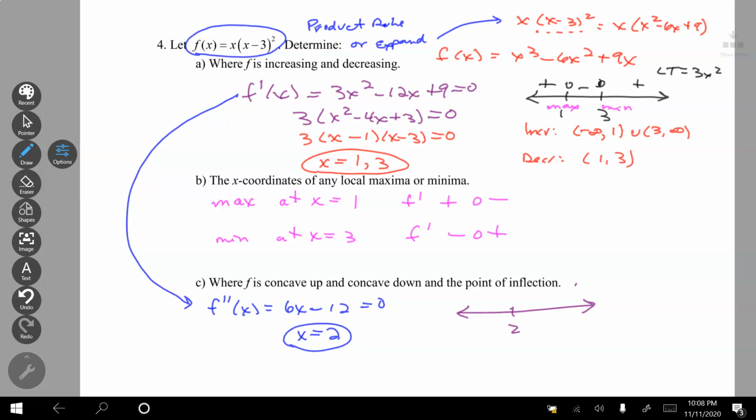Here's 2. Leading term was 6x: positive, negative. So I have concave up from 2 to infinity and concave down from negative infinity to 2. These are my critical points, and this was my inflection point.